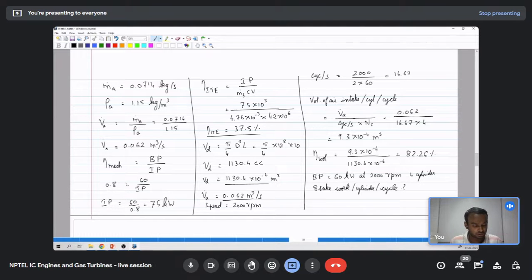Can someone explain how we can do this? Like, how do we calculate brake work using brake power?